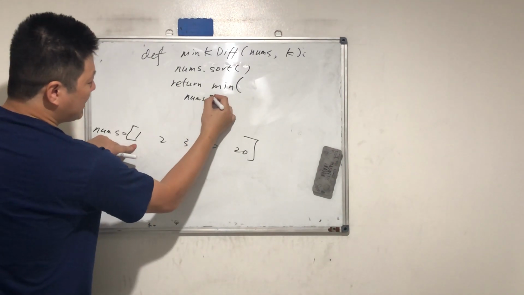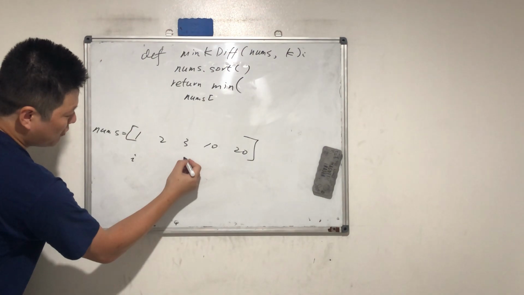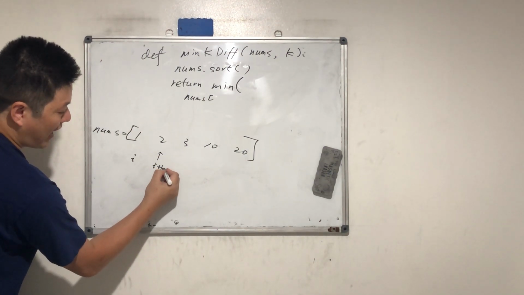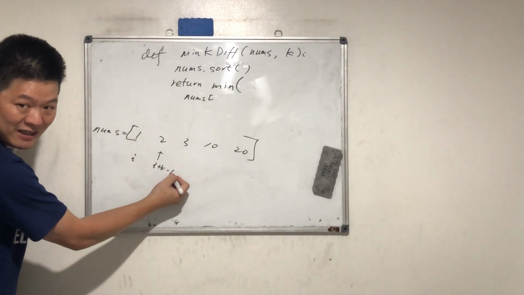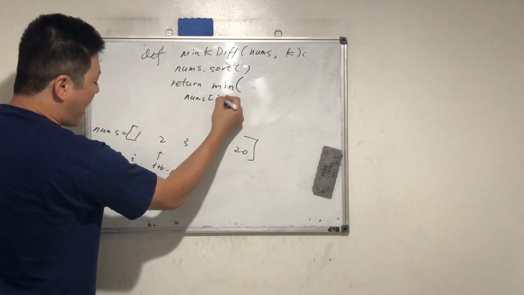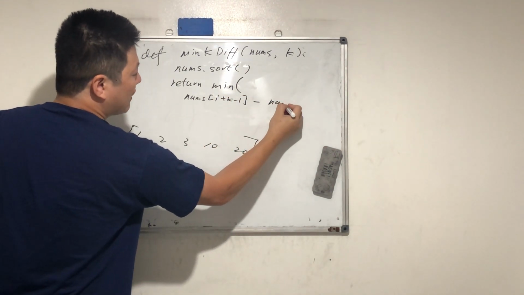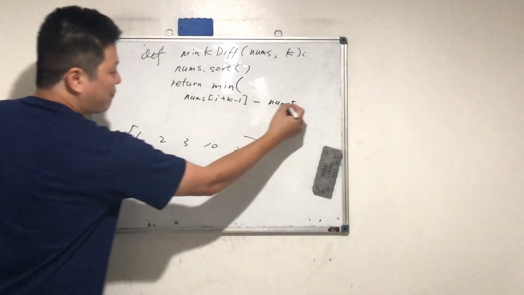If we start at nums[i], what's this number? It's i plus k minus 1. So nums[i + k - 1] minus nums[i].